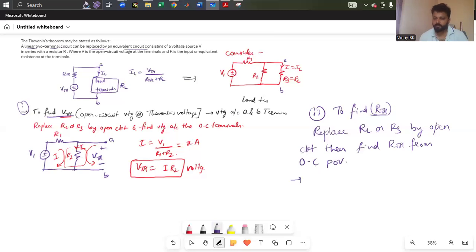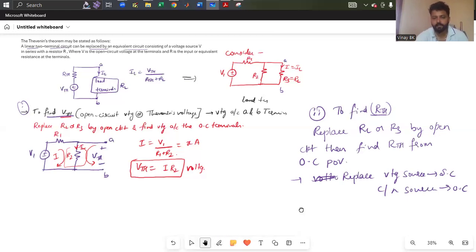To find that, if there are any voltage sources, replace voltage sources by zero, that is short circuit, and current sources are replaced by open circuit. So now we can see this. To find RTH, you can observe the circuit diagram.